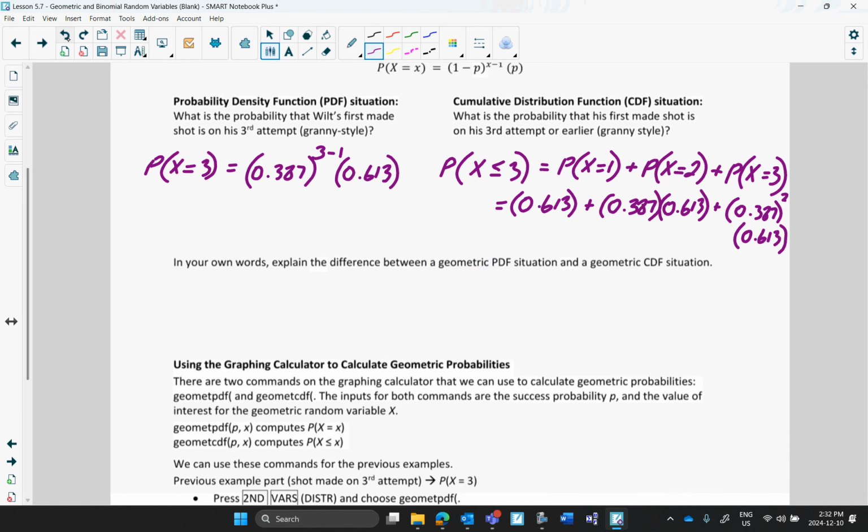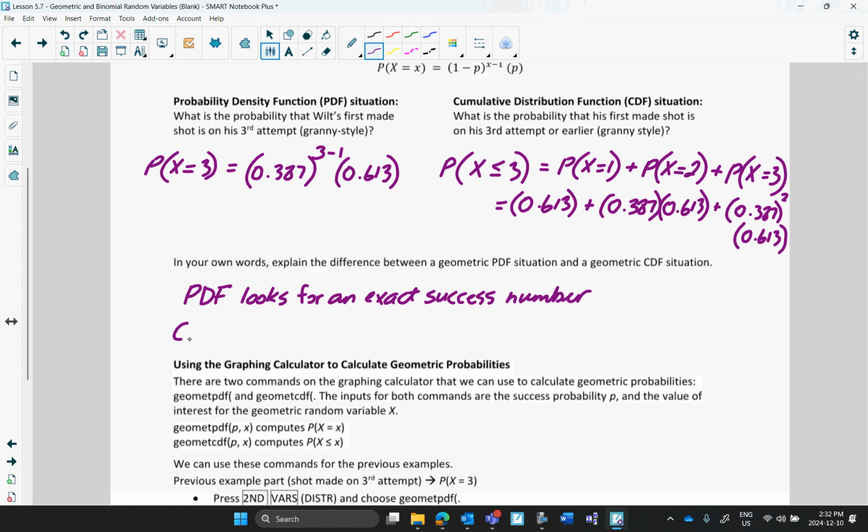What's the difference between PDF and CDF? PDF looks for an exact success number. What's the probability of making it on the third, the fourth, the 10th?